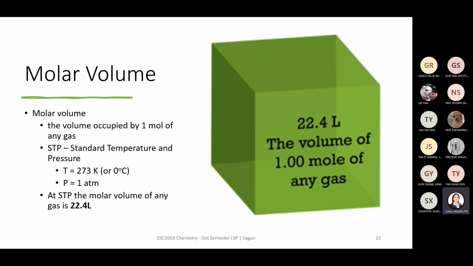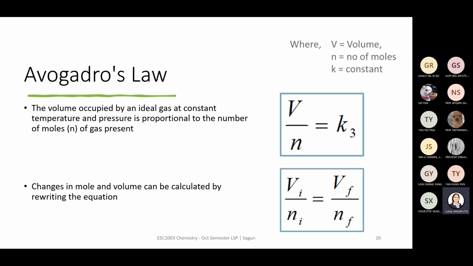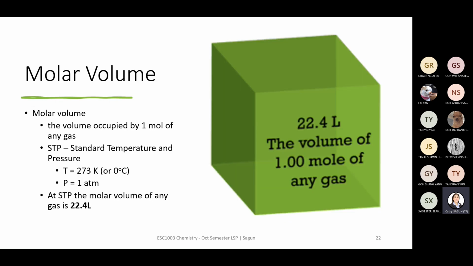But what is a molar volume? It is the volume occupied by 1 mole of any gas. Okay, but just like Avogadro's law a while ago, where you remember it should be at constant temperature and constant pressure, for molar volume, it should be at STP.